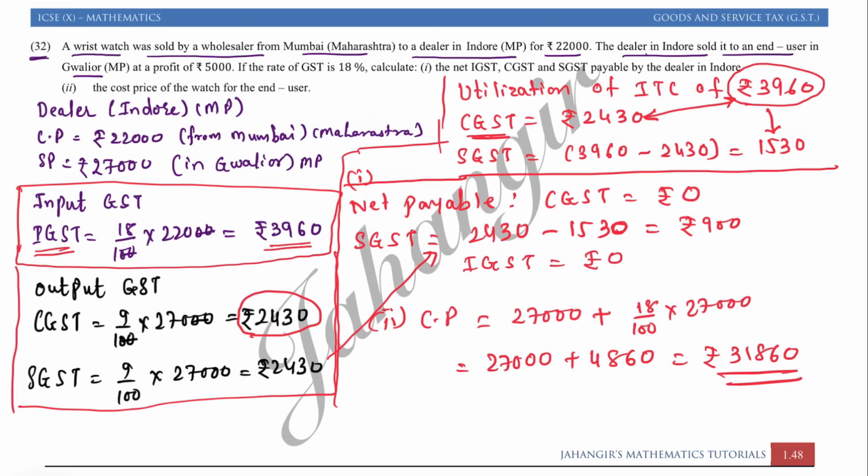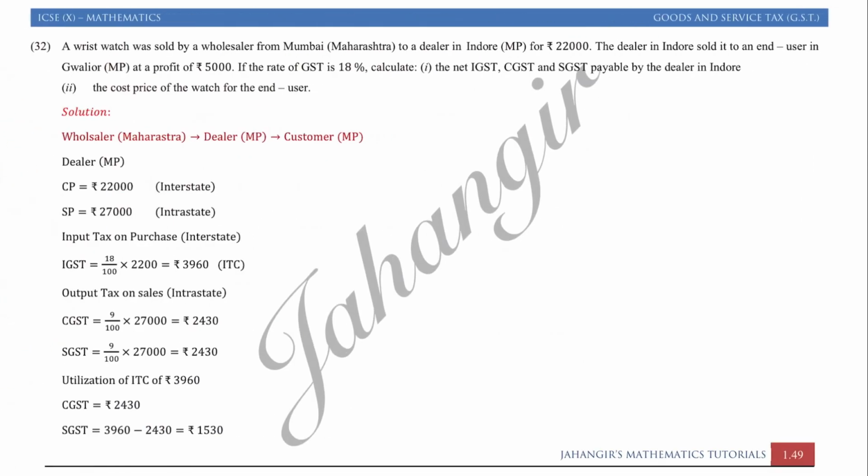Those who have not understood, just pause the video, write down and listen to what I am explaining again. So in this question, we had a dealer in MP who bought a wristwatch from Maharashtra and sold it to the customer in MP. While buying, he had paid IGST as the ITC, input tax credit.